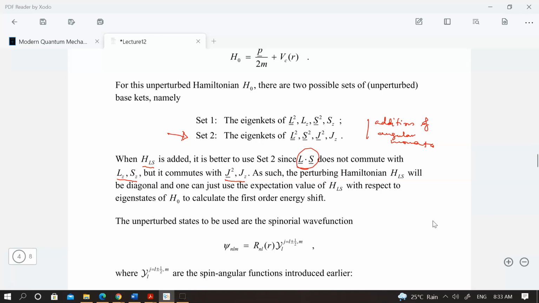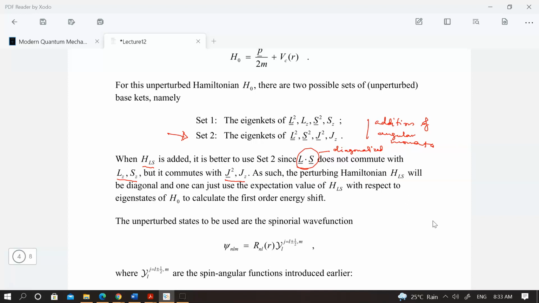But the benefit of introducing this set is that L dot S will commute with it. So in other words, these terms get diagonalized under the second set.